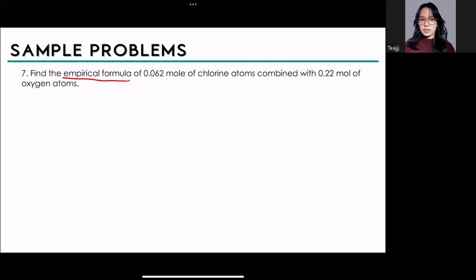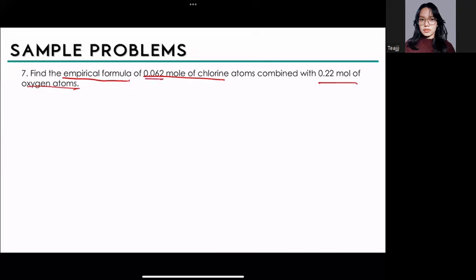Right? If the given is in percent, if the mass percent is given, assume 100 grams so we can get the mass in terms of grams. And then convert grams into the number of moles. But what's given to us is already in the number of moles. So we don't need the mass percent, we don't need the mass. We go straight to the step where we divide by the smallest mole value.